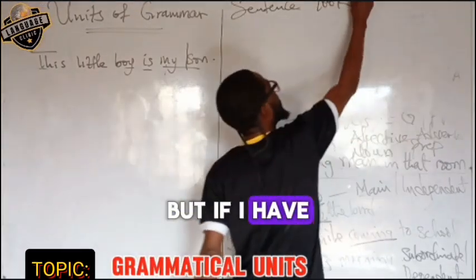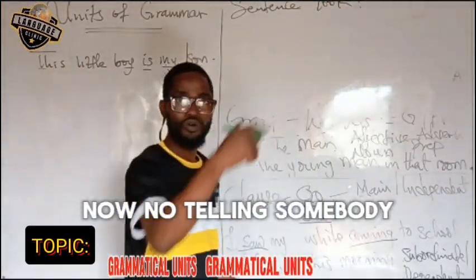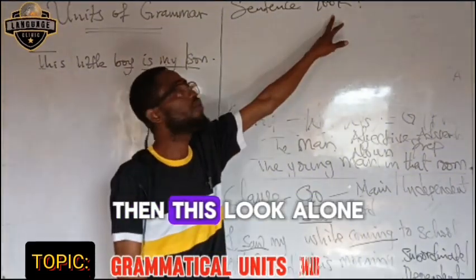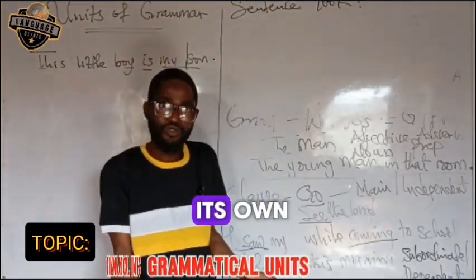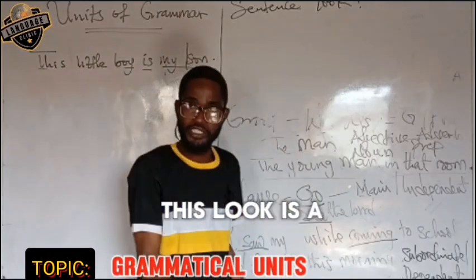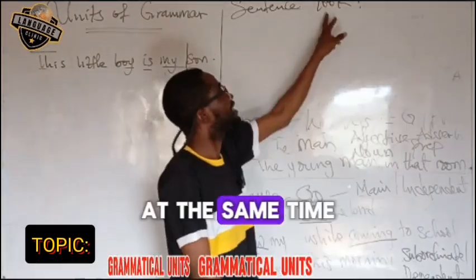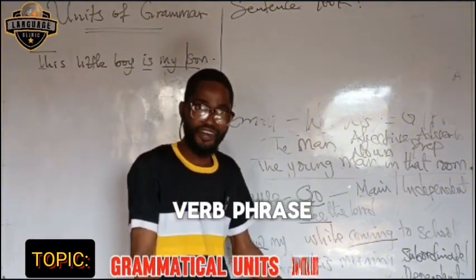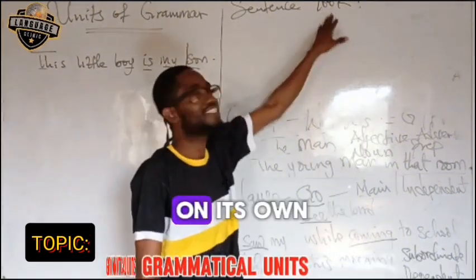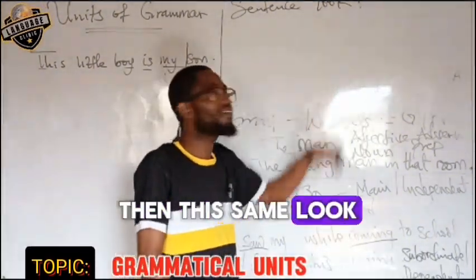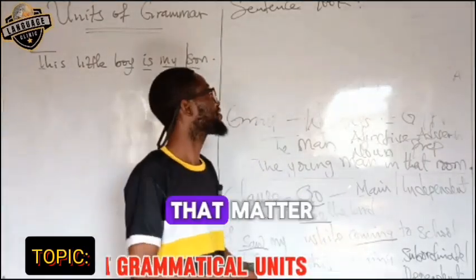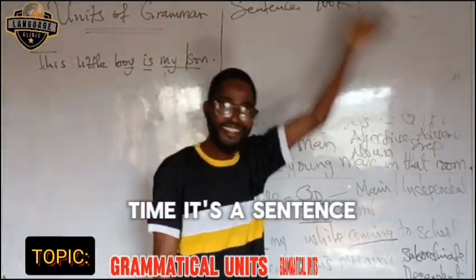If I say, look, telling somebody to see something, then this look alone is a sentence on its own. At the same time, it is a word on its own. It is also a phrase on its own, called a verb phrase or verbal phrase. Then this same look is a clause on its own, a main clause for that matter. And at the same time, it's a sentence.